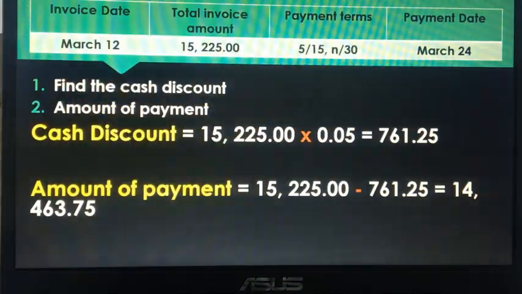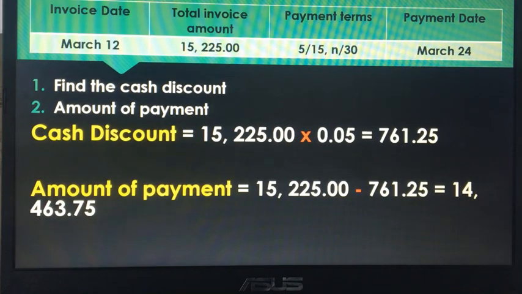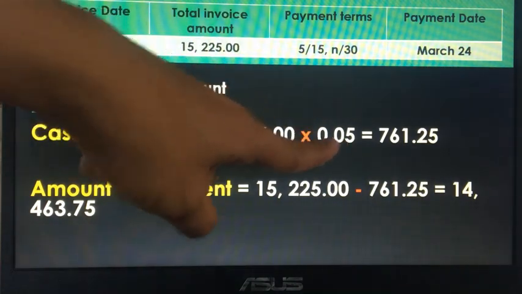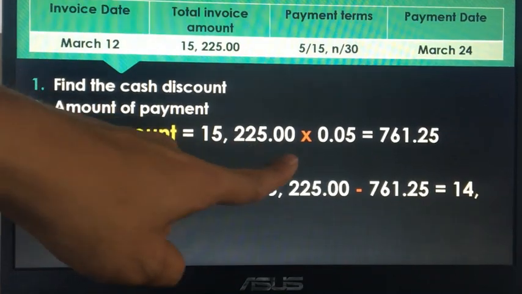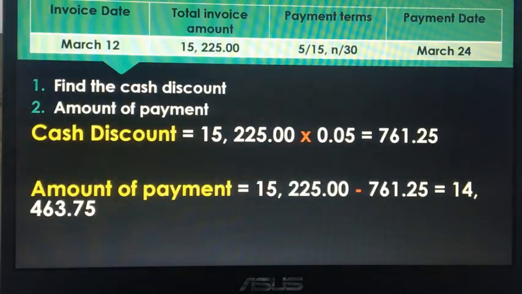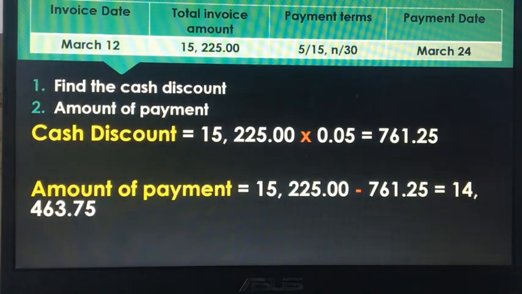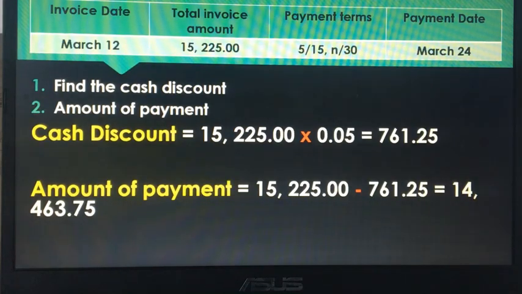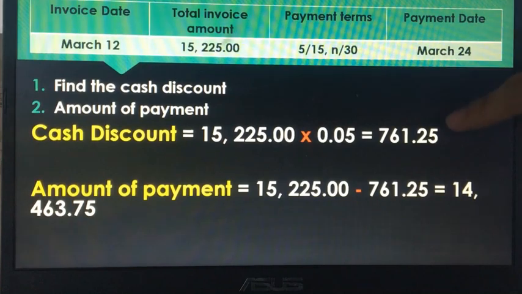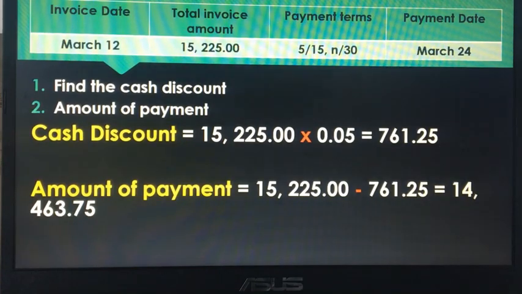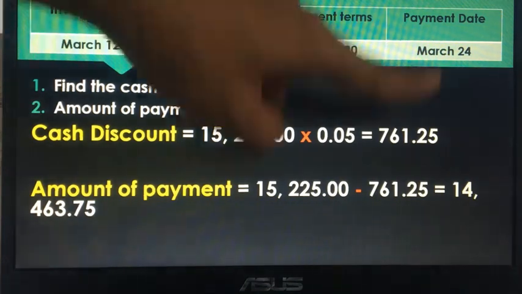Because you have to convert 5% to a decimal. So 15,225 times 0.05 is equivalent to 761.25. I do hope every one of you is holding a calculator beside you to check that everything works well. So that is the cash discount, 761.25.